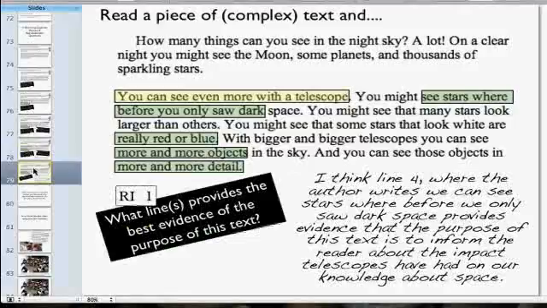The idea of literally returning to the text and getting information out of the text and finding evidence, etc., is a huge component of what Common Core is requiring of students. So this asks what specific line.